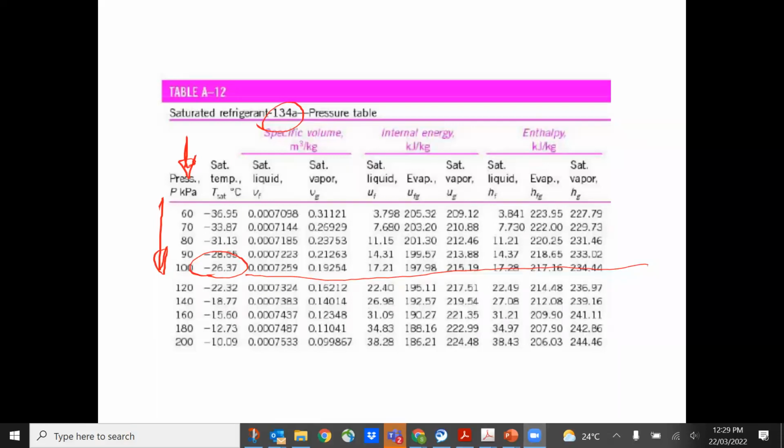So if you have an example with refrigerant 134A, you can simply go to table A12. You can download it if you like later on. Any question?